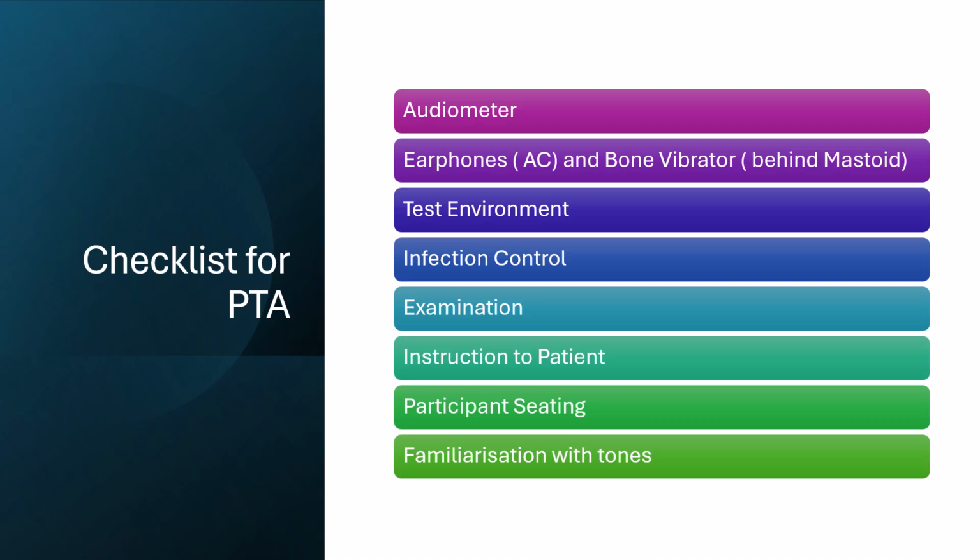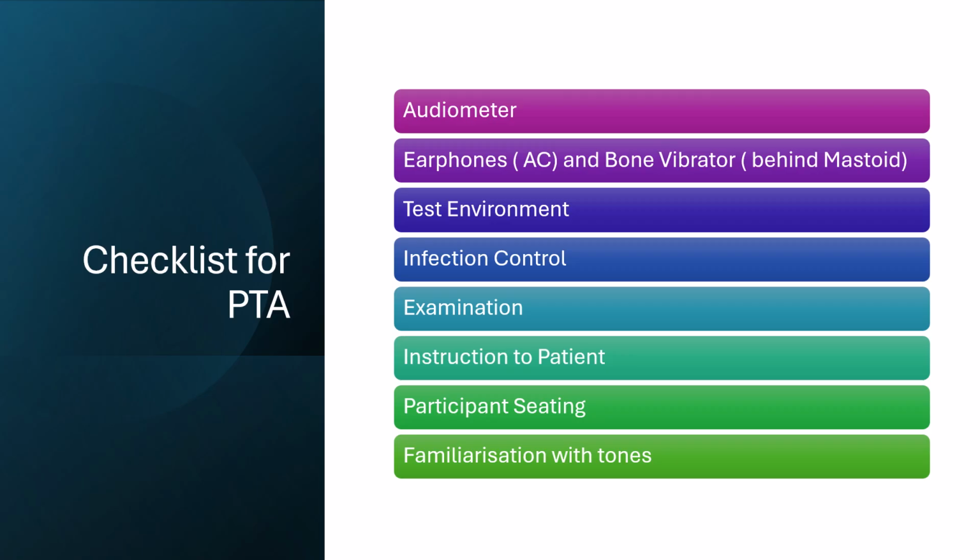Now we go towards the checklist for PTA. Before the test, let's ensure the essentials. What are the essentials? The audiometer has to be calibrated, meaning the measurements have to be accurate. The patient understands the task, that is also important, so communication is important. The patient should be placed in a room that is quiet.